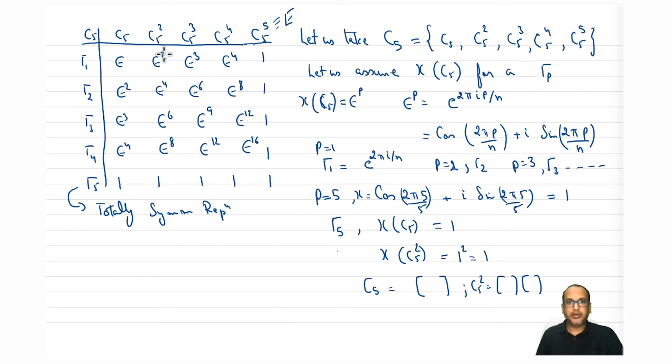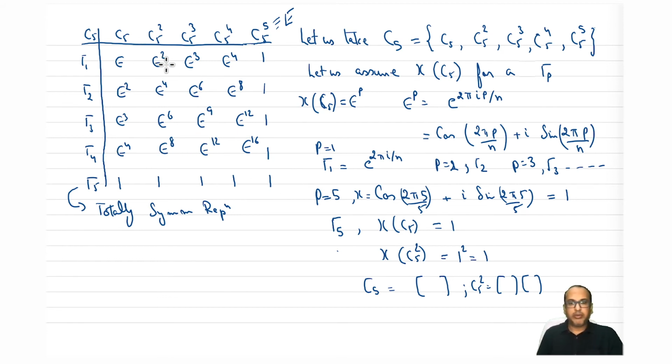So now you can easily write this, because once you have written this, all you are doing is raising the power. So epsilon goes to epsilon square, because this is C5 square. Epsilon square goes to epsilon 4, again squaring this. So 3 goes to 6, 4 goes to 8, and if you cube it from here to here, it will go as cube now. Epsilon to epsilon cube, epsilon square to epsilon 6, 3 to 9, 4 to 12, and so on and so forth.